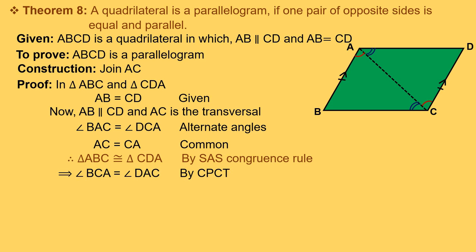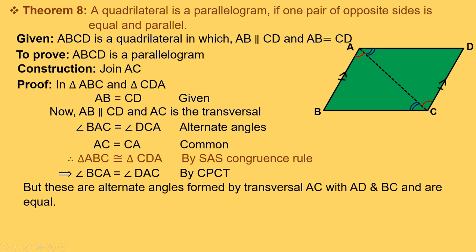But these are alternate angles formed by transversal AC with AD and BC and are equal. Therefore, AD is parallel to BC. Thus, ABCD is a quadrilateral in which both the pairs of opposite sides are parallel.